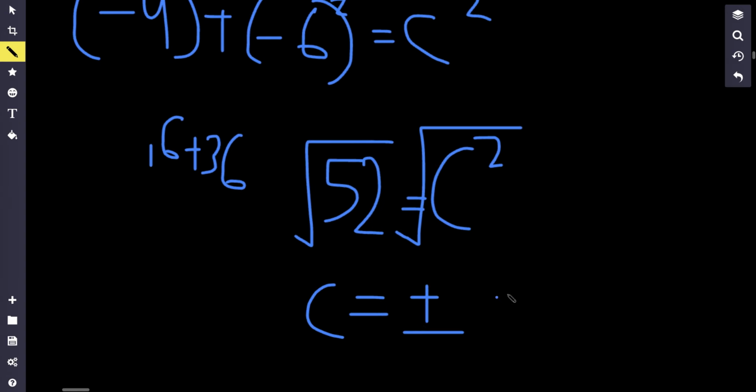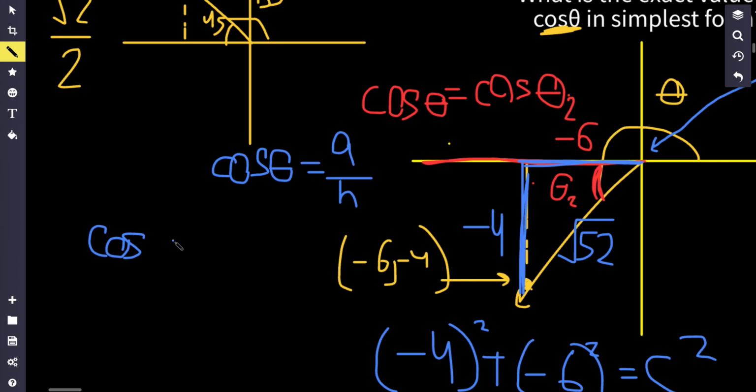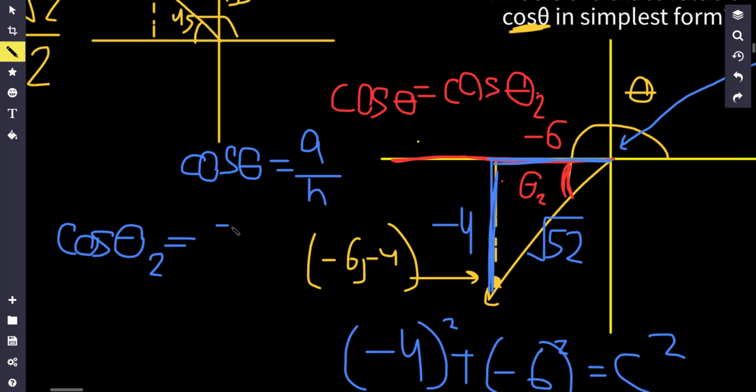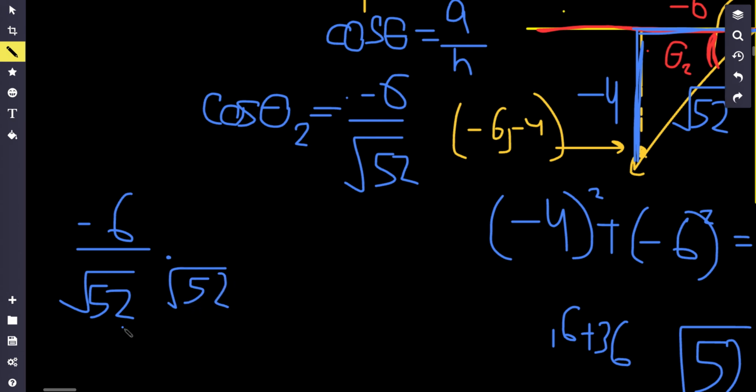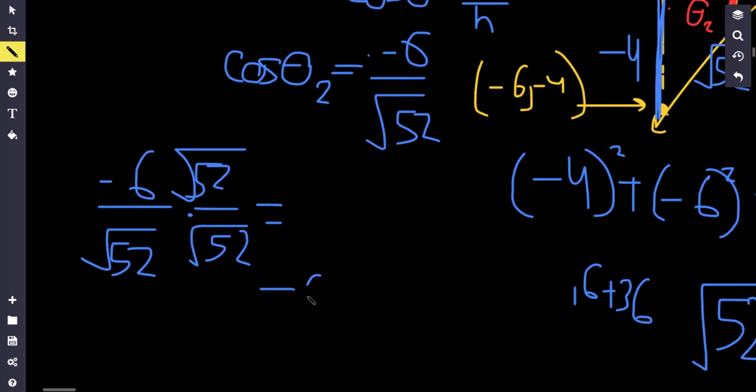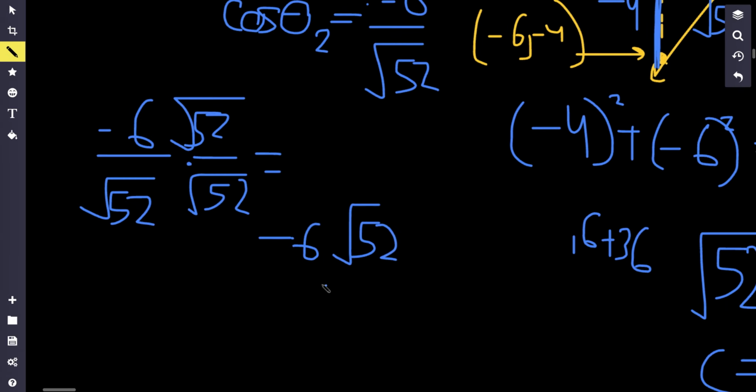In this case, cosine of this angle right over here, or θ2, is equal to the side adjacent this angle, which is -6, over the hypotenuse, square root of 52. Now, can I simplify this any further? So what I'm going to do is first rationalize the denominator, meaning I'm going to multiply the top and the bottom by the thing inside the radical. So I get -6 radical 52 over 52, because two square roots multiplied cancel out the radical.